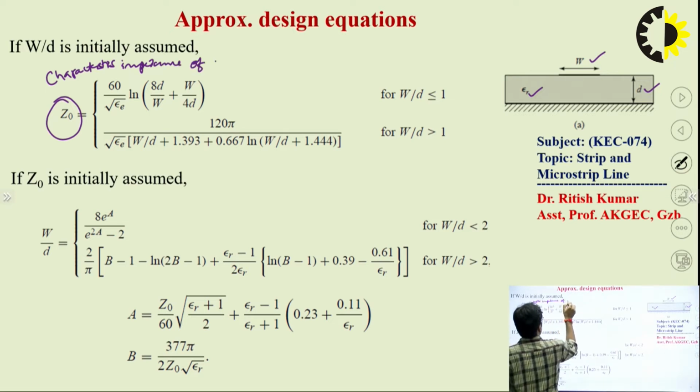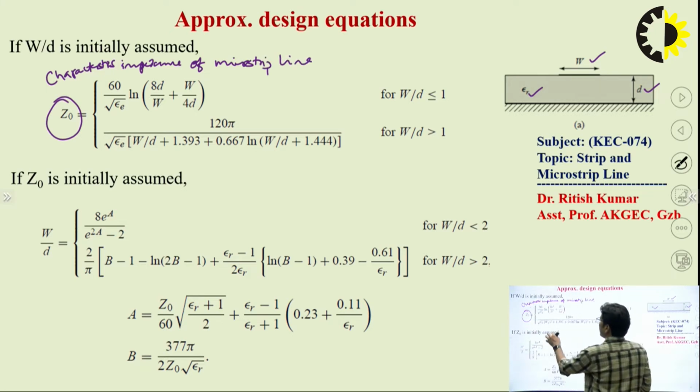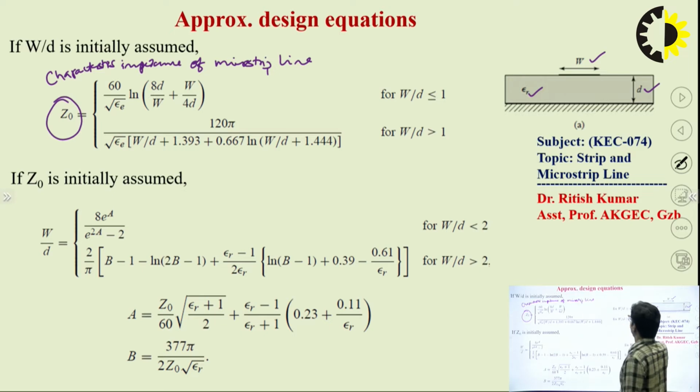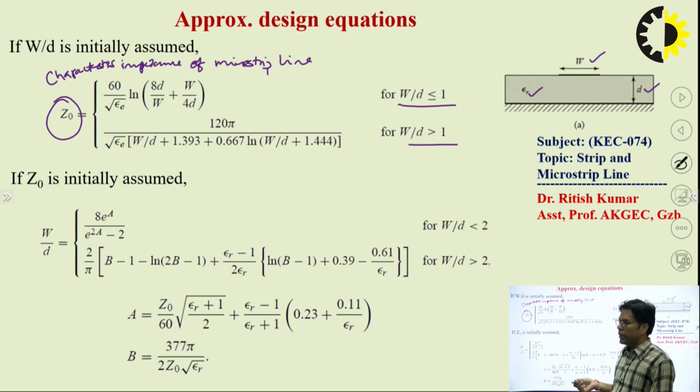We have these formulas for the case of W by D less than or equal to 1, and for W by D greater than 1. Initially, in designing, we need to take a substrate according to our application and requirements, whatever microwave component we are designing.